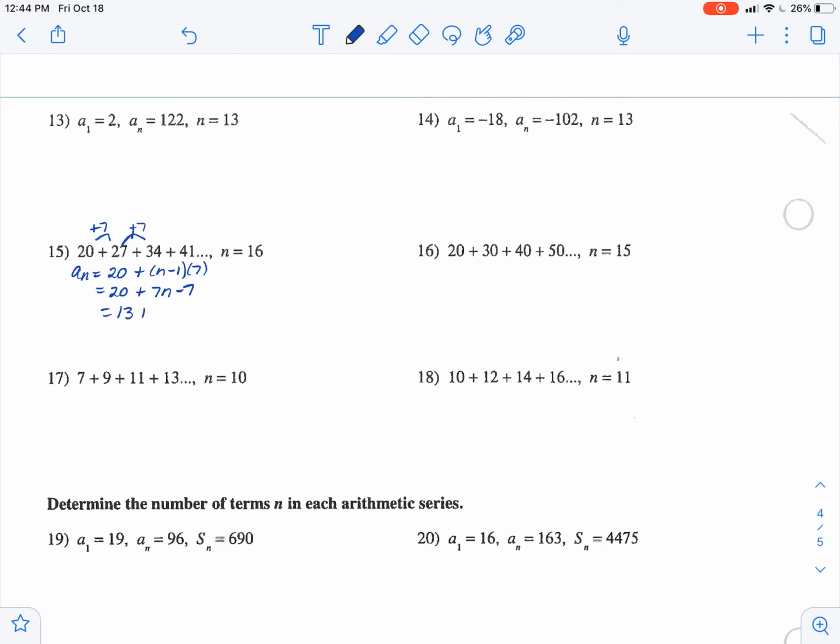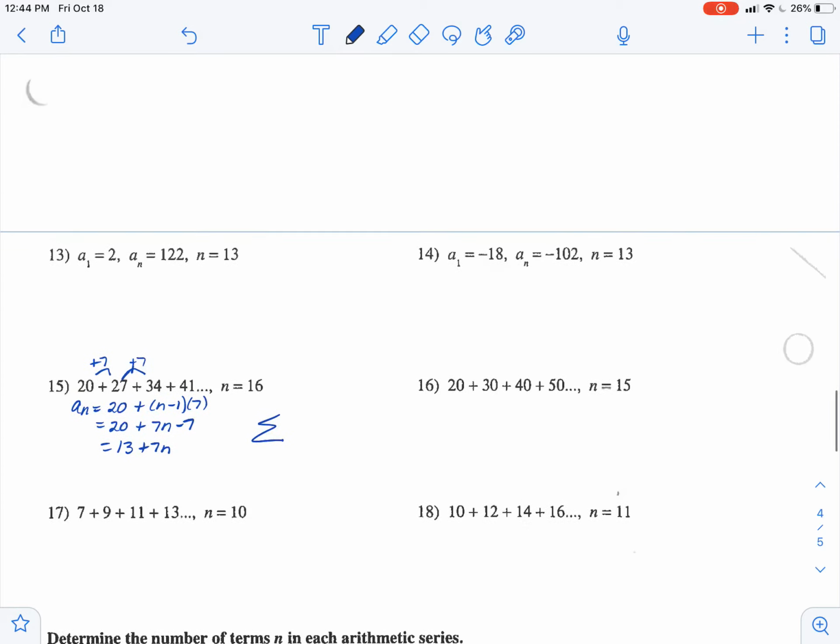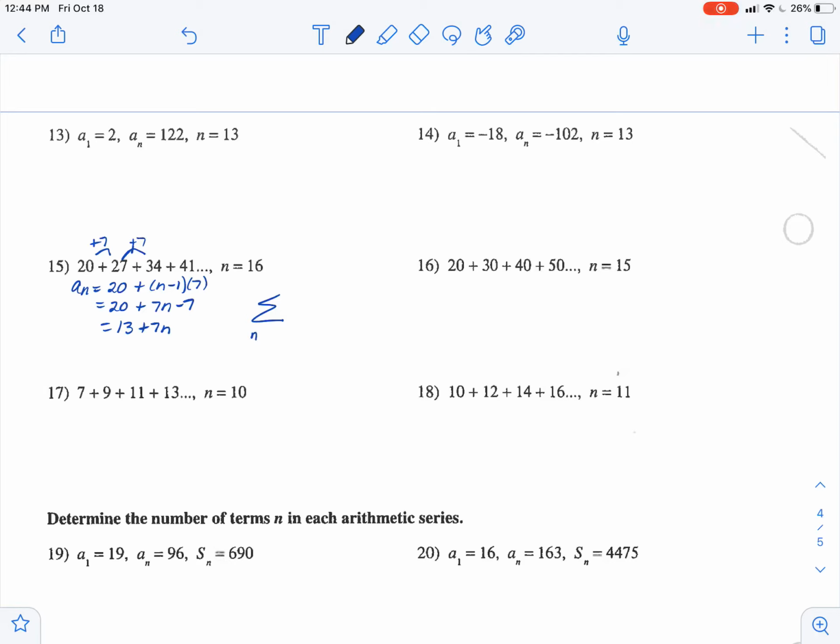And so it's 13 plus 7n. So what I'm looking for here is the sum of, so again, through the series, so this is n equals 1 to 16, and my formula is 13 plus 7n. Okay, and you should be able to continue from there.